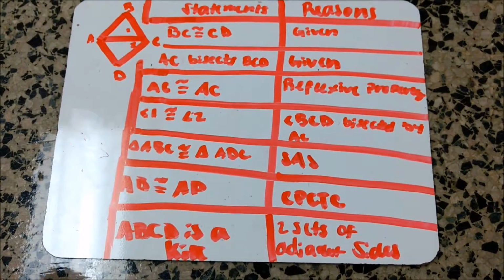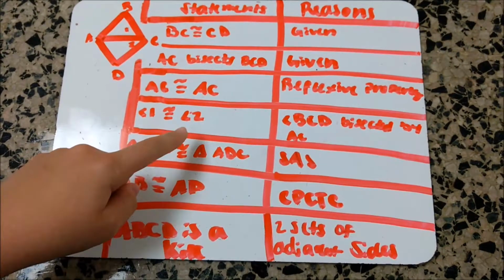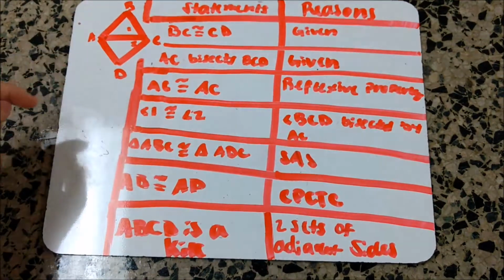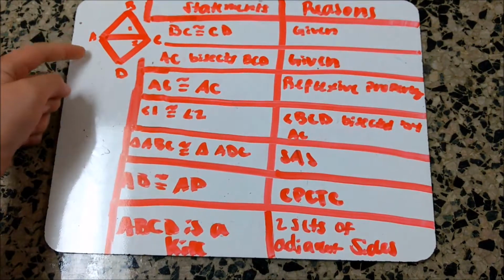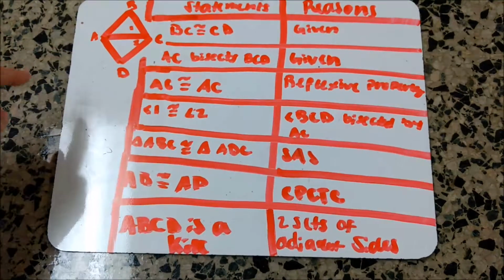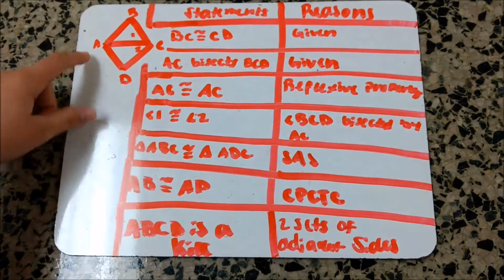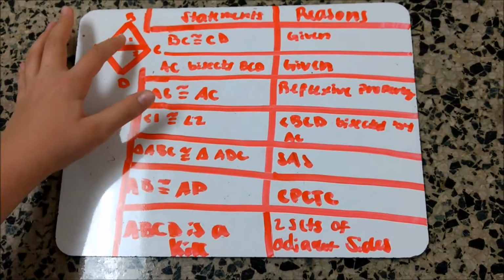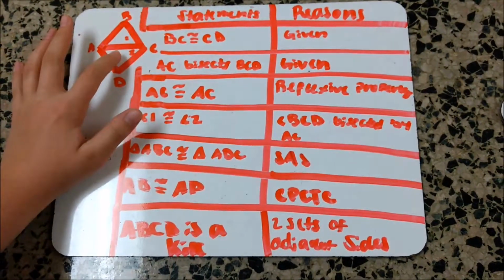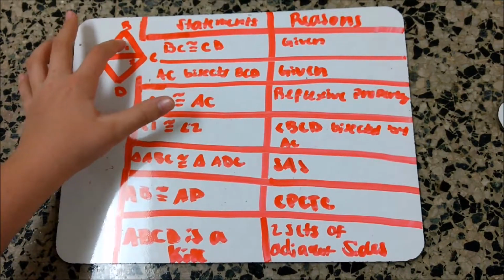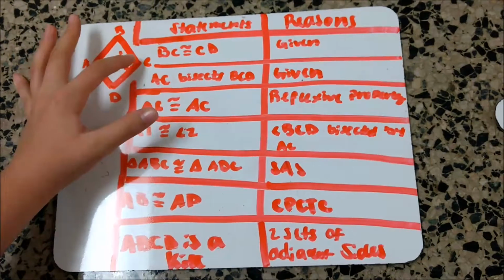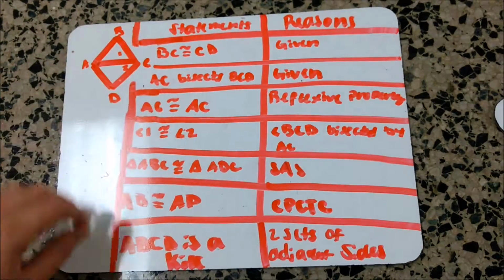So now we know that angles 1 and 2 are congruent because angle BCD is bisected by line AC. So now we can prove that the two triangles are congruent through side angle side, because the first side is AC, your angle is either angle 1 or angle 2, and you have line BC and line CD.